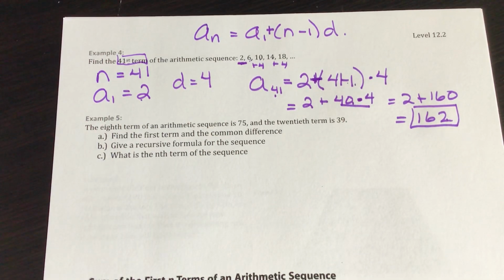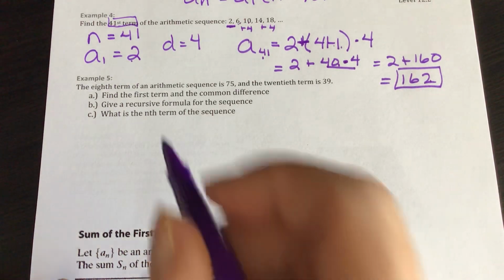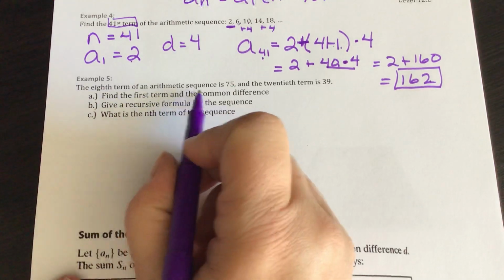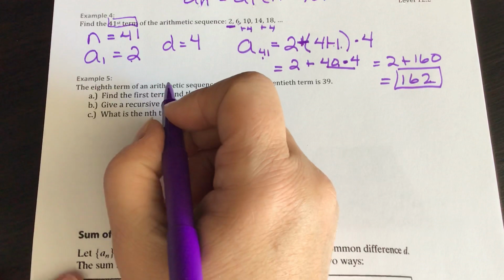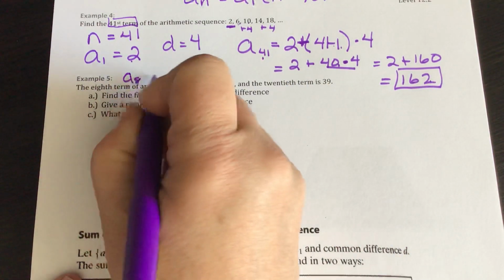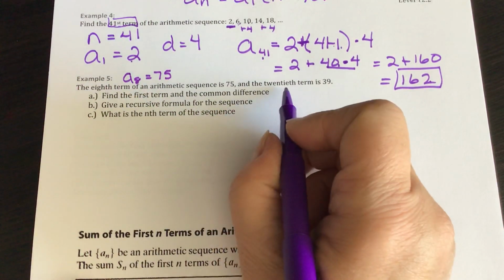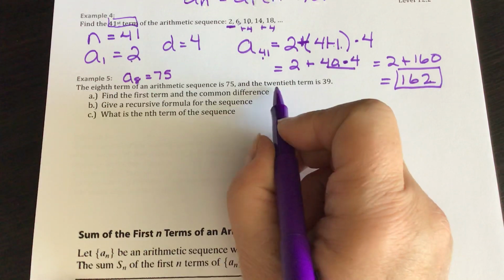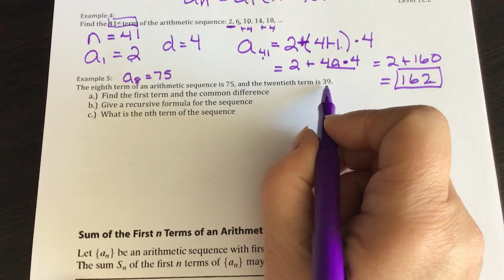All right, so for this next one, it's asking us to find the 8th term of the sequence. Oh, they tell us that the eighth term of the sequence is 75. So a sub 8 is 75. And the 20th term is 39.